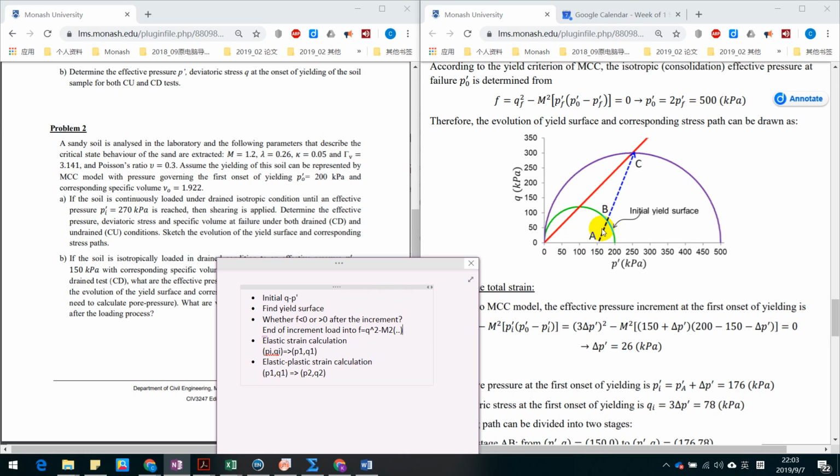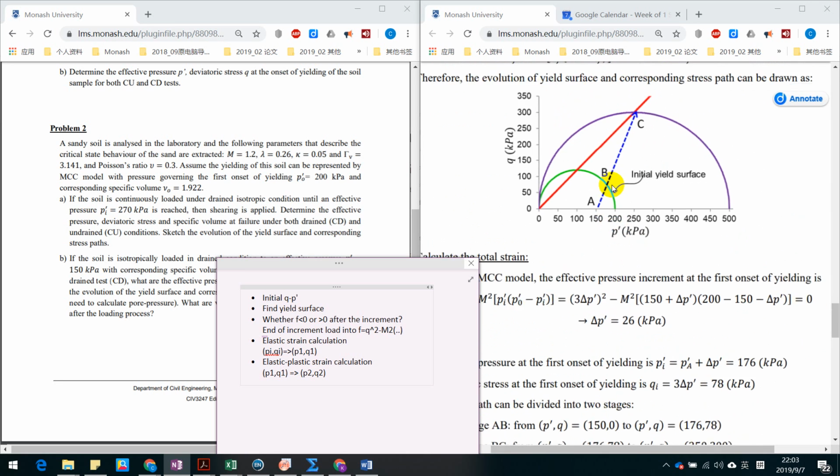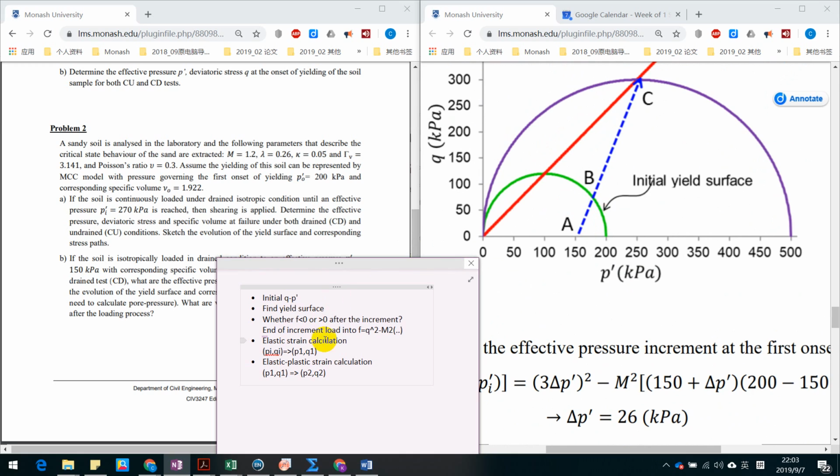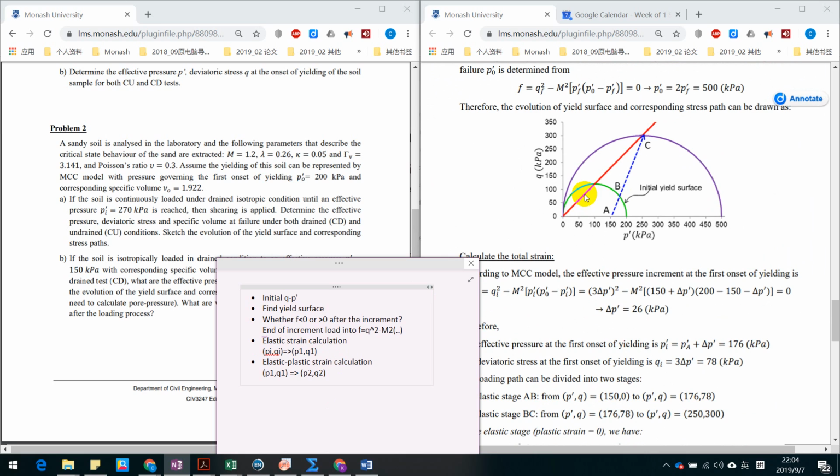The first stage is A to B, which is elastic strain or elastic deformation. For this single elastic deformation, we calculate from A to B. That means we go from Q initial and P initial, which is Q equals 0 and P equals 150 kilopascal, to the point B, and we can derive this point from this plot.